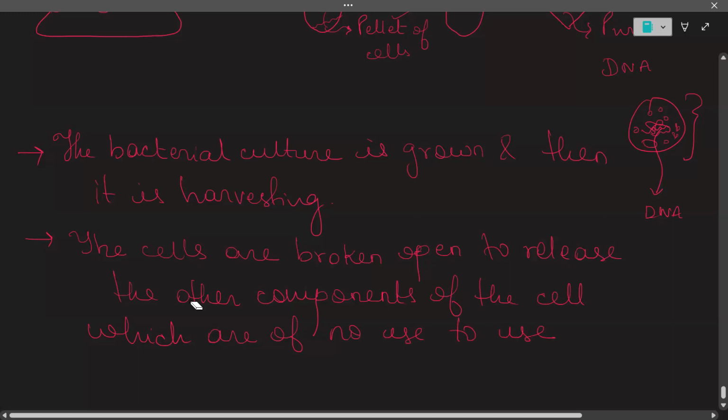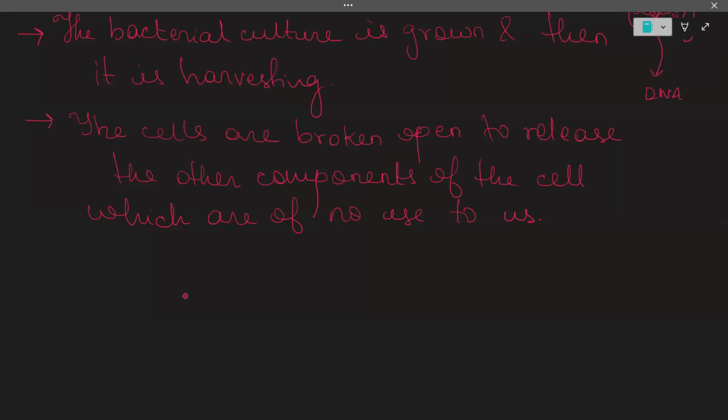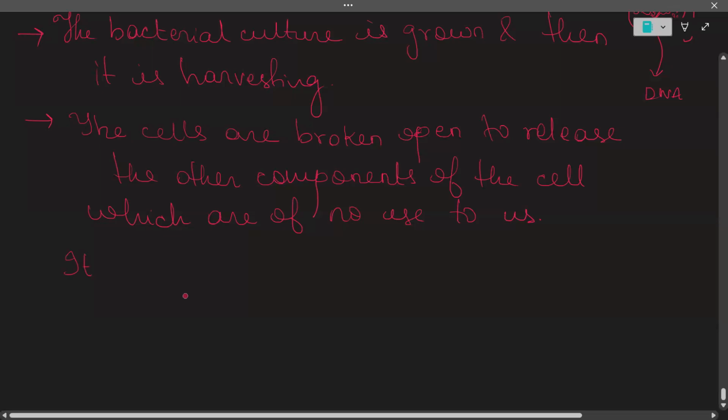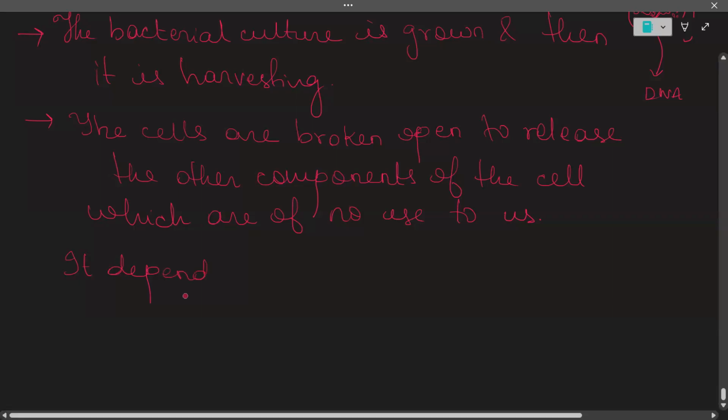And this removal of the components depends on the cell that you are working with. For example, if you have cultured bacterial cells, do you know what type of enzyme or chemical you can use to break the cell of the bacteria? No, ma'am.